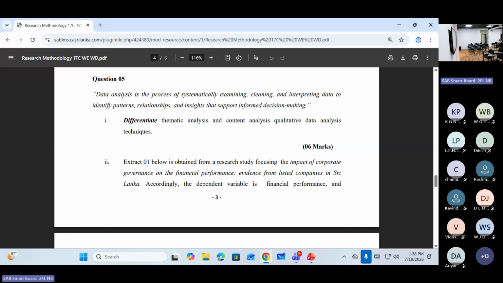First one, language barriers. Second one, lack of concentration. Third one, physical disabilities.